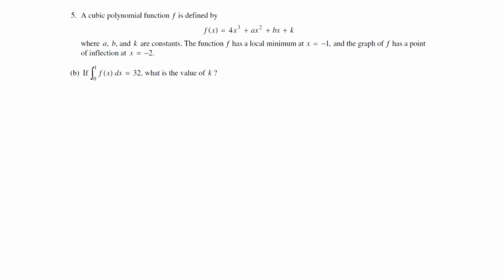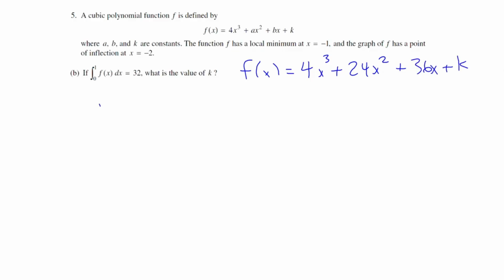And in part B, it says if the integral from 0 to 1 of f of x dx equals 32, what's the value of k? So let's go back in and replace our a and b values here. So we now know f of x is 4x cubed plus ax squared, where a was 24, plus bx, where b was 36, plus our k.